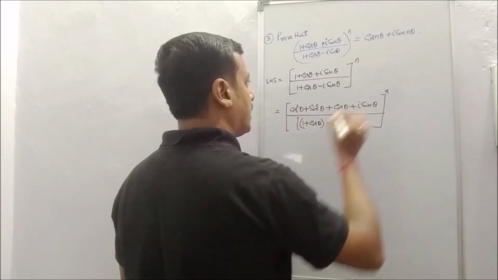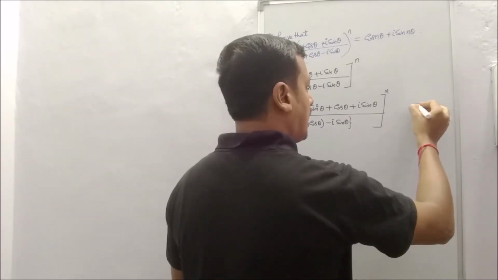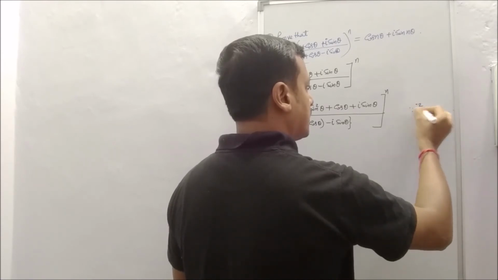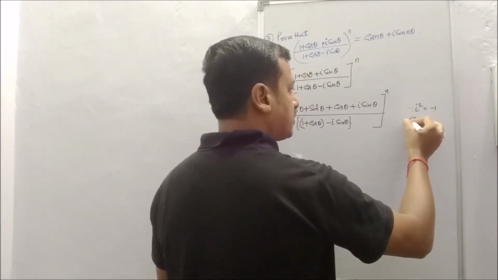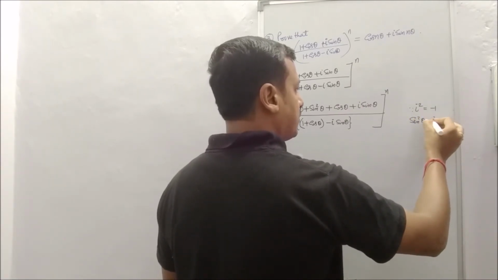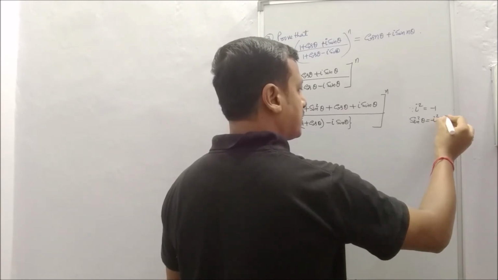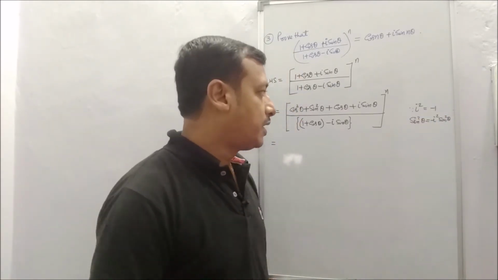to the power n. Now as we know, the value of i square is minus 1. So in place of sin square theta, we can write minus of i square sin square theta. Since the value of i square is equal to minus 1, minus minus is plus.